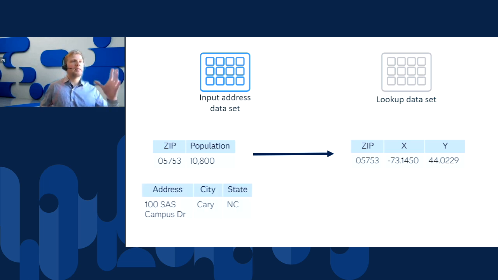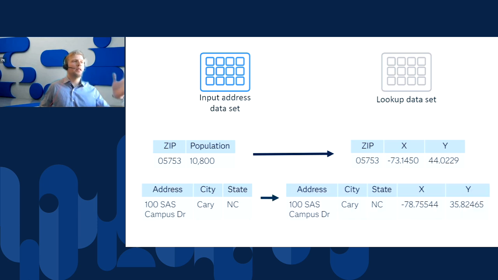Now, the exact same thing is true for addresses. If we're geocoding addresses, we will need some sort of lookup data set that includes the latitude and longitude values for each address that we want to geocode. So you can imagine that that's a little bit more complicated than a lookup data set of just the latitude and longitude coordinates for zip codes, because there are many more possible addresses.